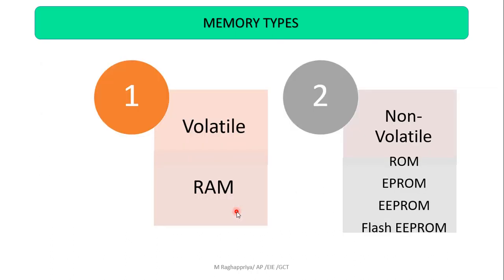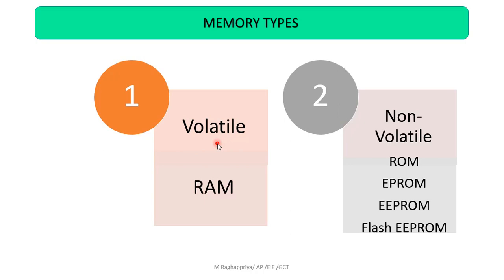Then memory types. This is very basic, you would have studied it in many courses. Memory is basically classified into 2 types: volatile memory and non-volatile memory. The information stored in volatile memory will be erased once the power is switched off.